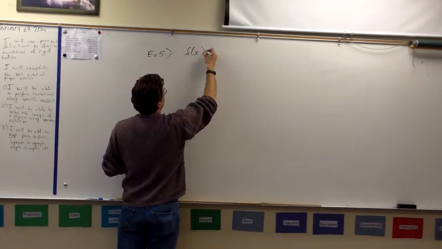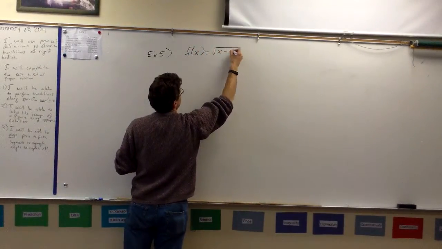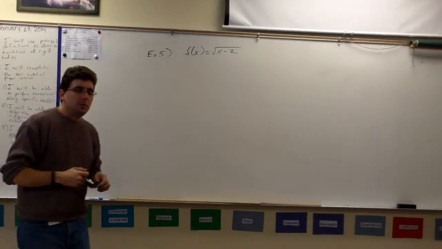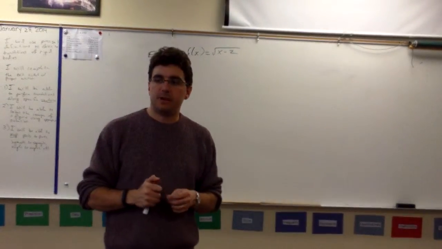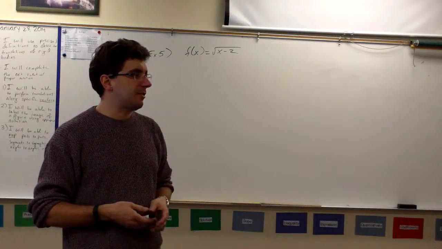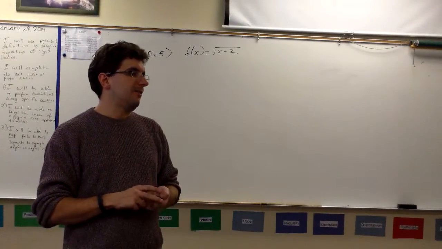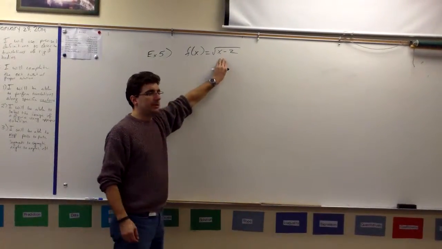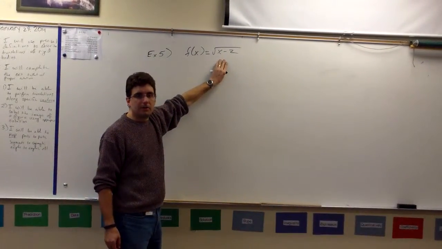f of x equals the square root of x minus 2. Can you calculate or solve that? We've done this a couple times now, where I've given you a function you haven't seen, and I've asked you guys to use the table and try to look around and see if you can figure out what's happening.